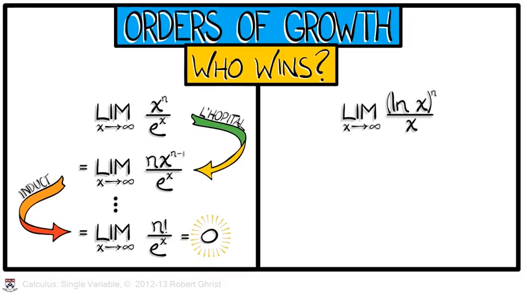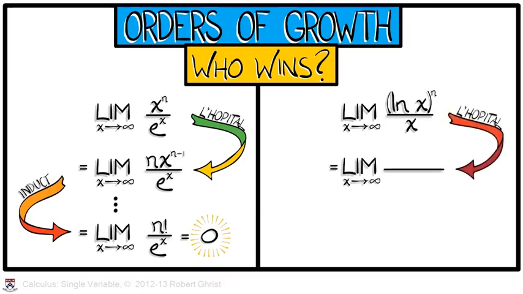Likewise, if we consider, say, the natural logarithm of x, and let's raise it to the nth power and compare it with linear growth, with the monomial x, then what happens? Well, if we apply L'Hopital's rule, we get in the numerator n times the log of x to the n minus first power times the derivative of log of x, which is 1 over x. The denominator, well, the derivative of x is simply 1.